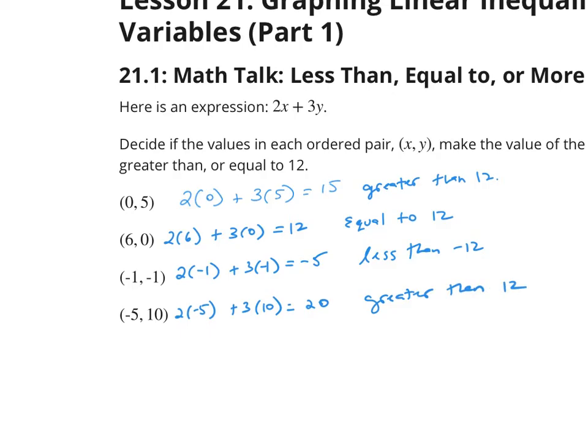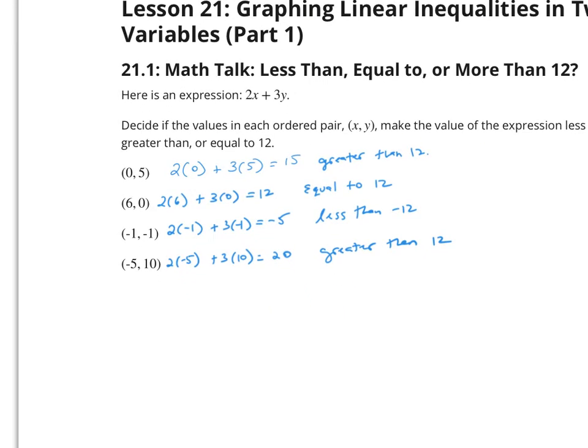So if I were to turn this expression into an inequality, let's say 2x plus 3y is less than or equal to 12, my question is, which of these pairs, if any, would be considered solutions to this inequality? So we're looking for the solutions where, when we add together, we end up with numbers less than or equal to 12.